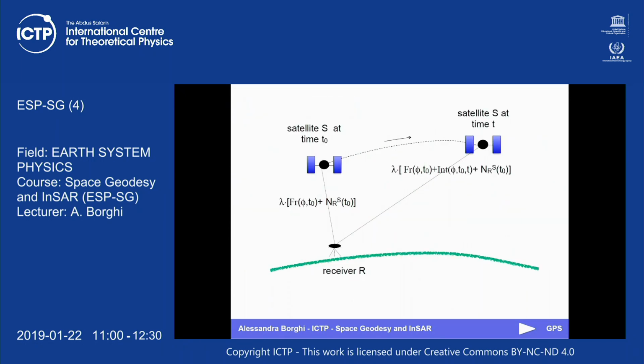So we measure the fractional part, we start to count this number, and this number takes into account the movement of the satellite. And if we multiply the phase by the wavelength, we have a measure of the distance, of course.